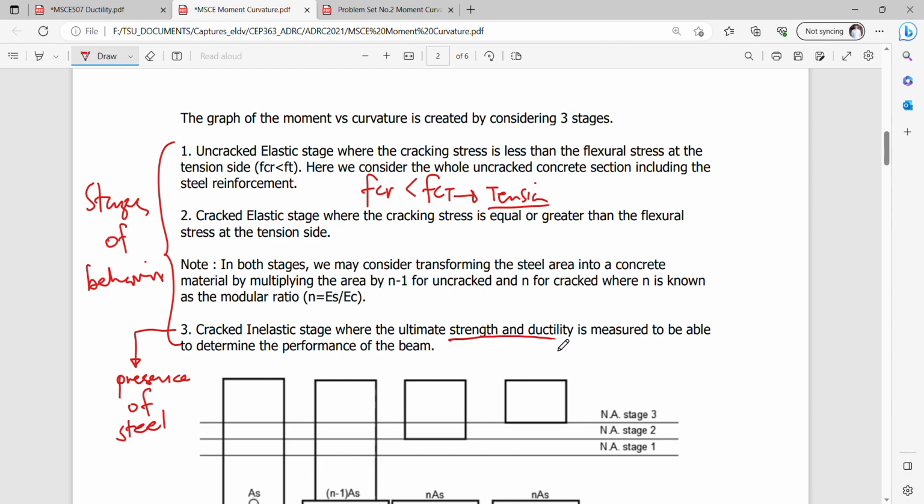So without the steel, your beam will behave in a brittle manner.